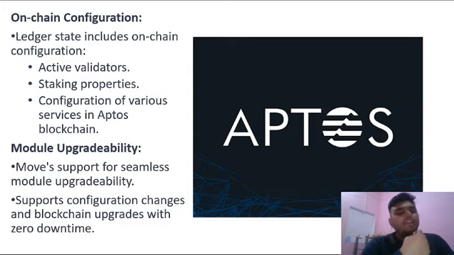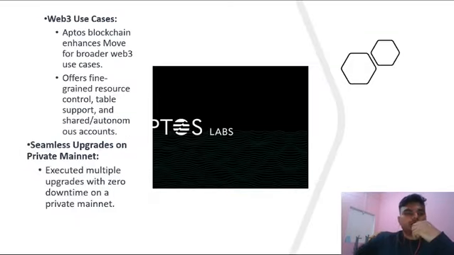As you know, a lot of backend is being provided in blockchain, but we are still using the Web 2 ecosystem's operating system. But people are also working on something like an operating system for Web 3, which is a completely different approach taken by various other systems. For Web 3 use cases, the Aptos blockchain enhances Move for broader Web 3 use.